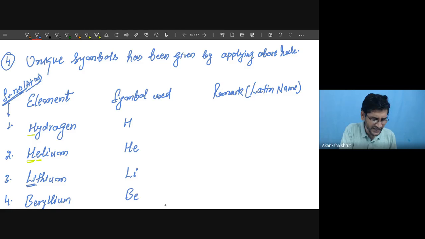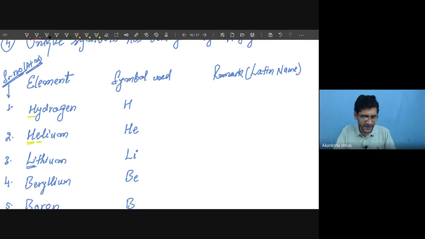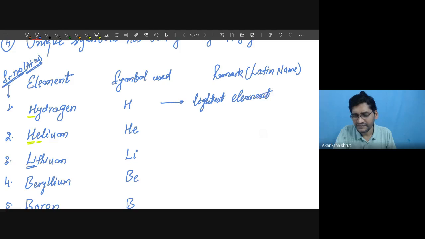This atomic number up to 20 I have written, those you have to keep in mind. From this you can compare that hydrogen is the lightest element. If you consider the mass, it is only 1 AMU.